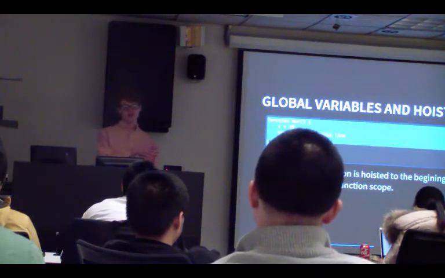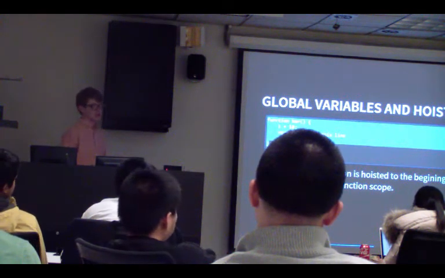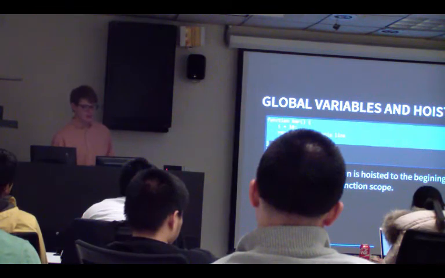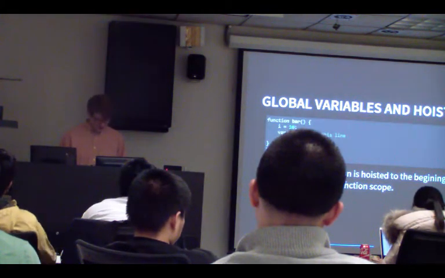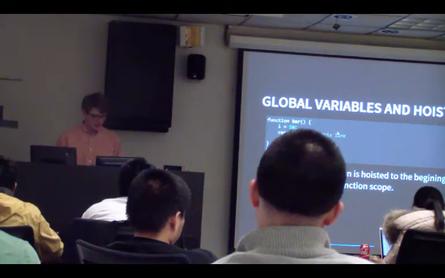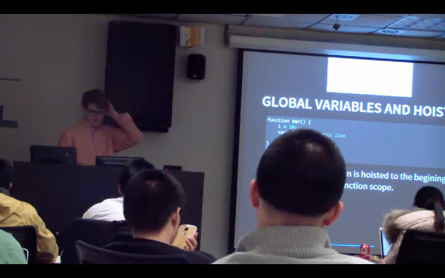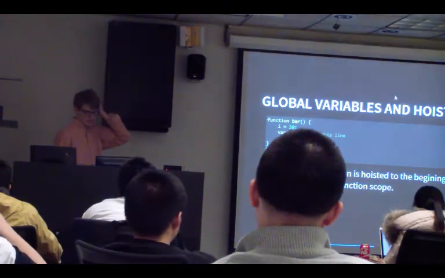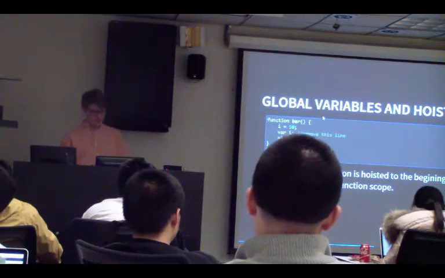It's similar to Python, and different from Java and C, which have a block scope. So I'll just go ahead and run this, and you'll see that it prints 10 like you might expect if you knew how it works. And then alert i.